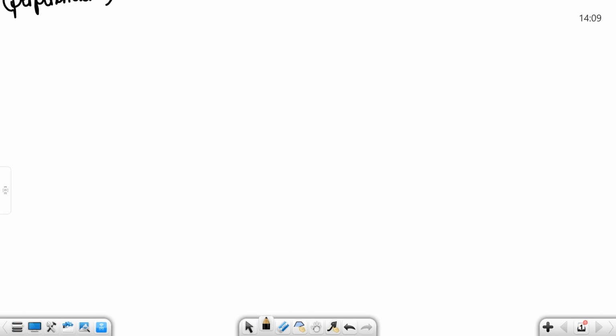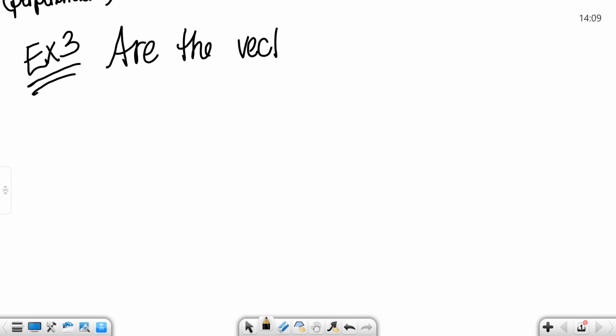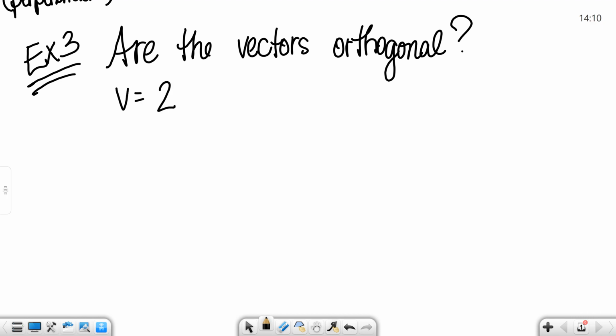So you may have a question that looks something like this. Are the vectors orthogonal? And I'll give you the two vectors we're talking about. 2i plus 3j, 6i minus 4j. And so my question is, are they orthogonal?